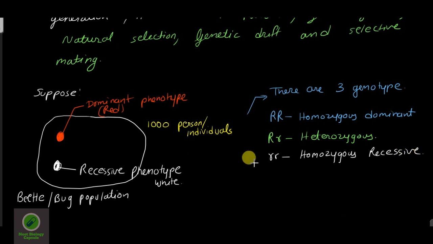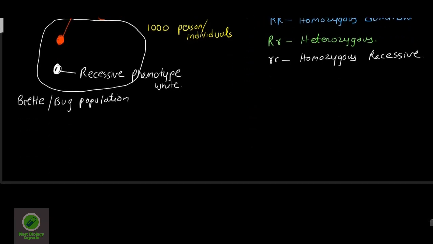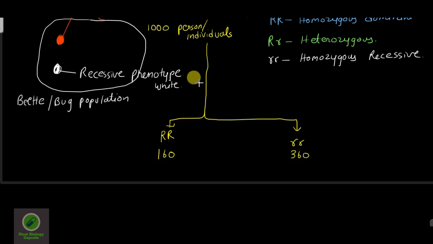Now, if you try to apply this Hardy-Weinberg principle, let us assume that in this population, homozygous dominant individuals are 160, homozygous recessive are 360 individuals, and heterozygotes are around 480.